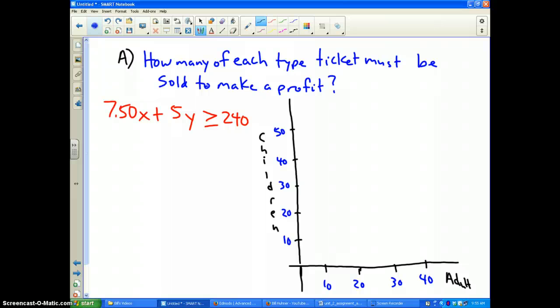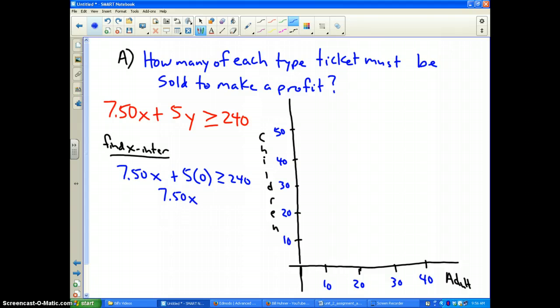Now, as you learned in the last video, in order to graph, it's probably best to find the intercepts. So the first thing I'm going to do is find the x-intercept. I'm not going to rewrite what I did, but we all know we put 0 in for y. And so I'll get 7.50x plus 5 times 0 is greater than or equal to 240, or 7.50x greater than or equal to 240.